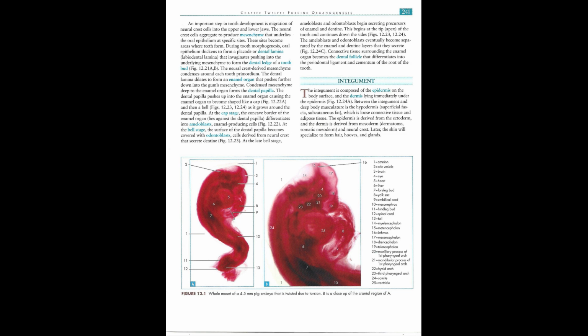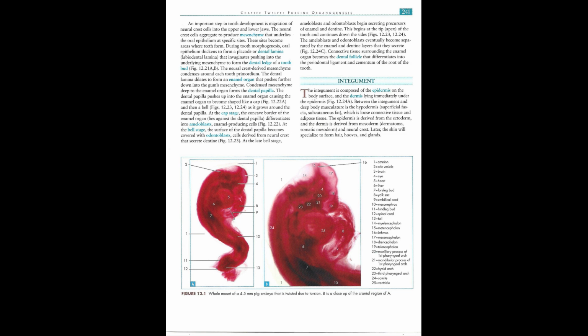During tooth morphogenesis, oral epithelium thickens to form a placode or dental lamina, labiodental lamina, that invaginates, pushing into the underlying mesenchyme to form the dental ledge of a tooth bud, Fig 12.21ab. The neural crest-derived mesenchyme condenses around each tooth primordium.